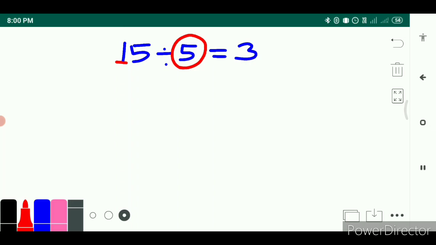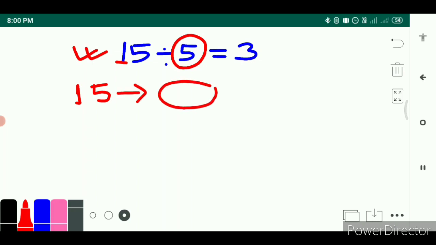Because division means 15 is divided by 5. We have to divide this 15 in groups of 5, so in total how many groups will it form? I will use multiplication in order to solve this one. So just recall the multiplication table of 5.